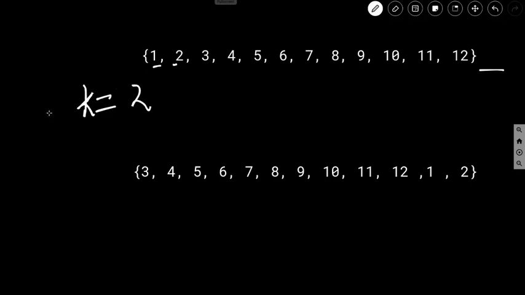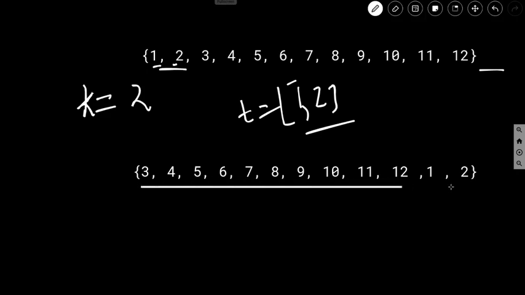One of the approaches is that we can take a temporary array or some other array and store the particular values we need to shift or rotate. That array, t, will consist of the two values, your 1 and your 2. We will store these two values and then push them to the end of the array, and hence our array is left rotated.